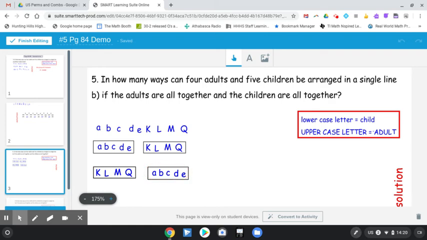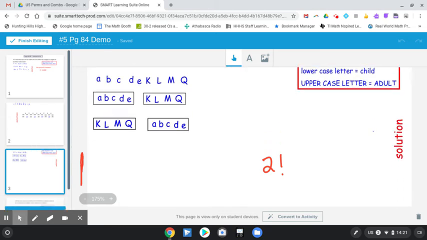Since there are two elements there, that would be 2 factorial. But there's more going on in this situation. It does not say that the adults must be in this particular order.